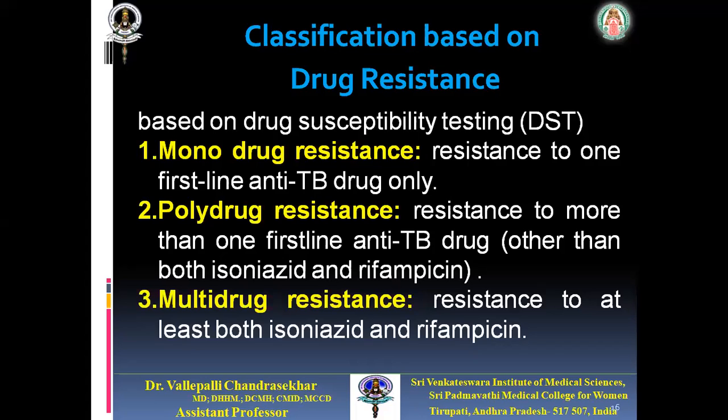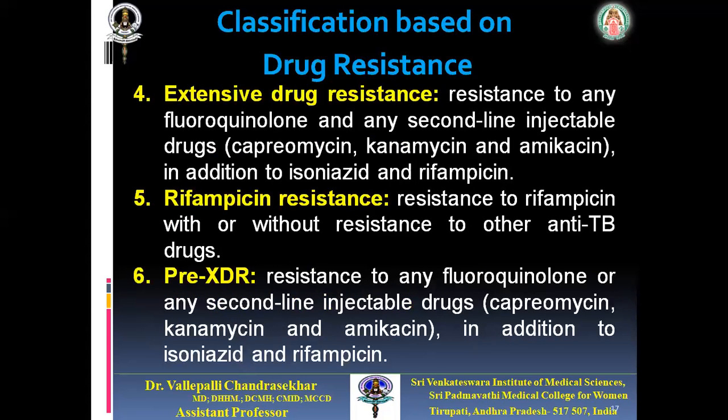Then multidrug resistance: resistance to at least both isoniazid and rifampicin. So here isoniazid and rifampicin are resistant. These are called multi-drug resistance. Then the fourth one, extensive drug resistance.